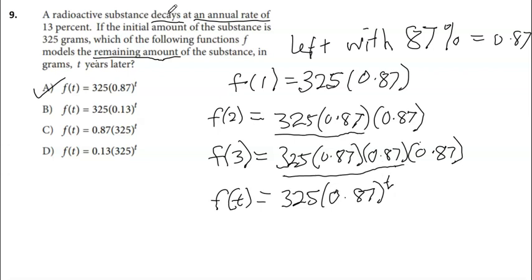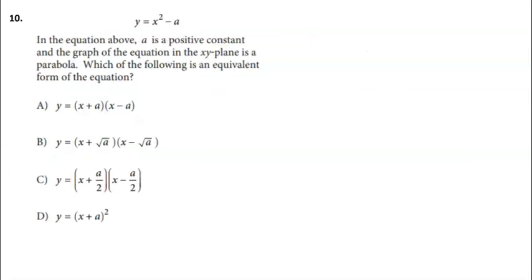Here it says it has decayed by 13%, and they want what is remaining. If they were to ask how much it has decayed by, then we would worry about using this. But they want what is remaining. All right, okay, let's go to the next question. Question number 10.